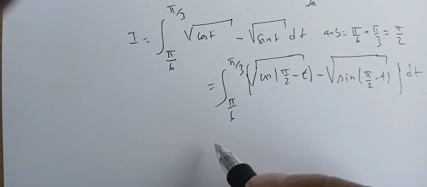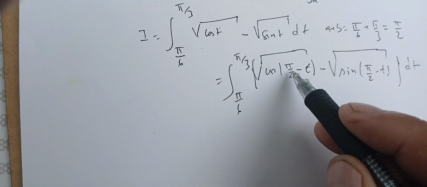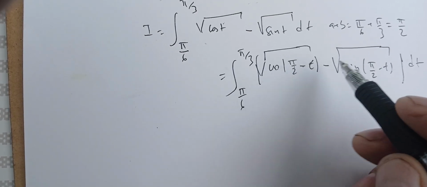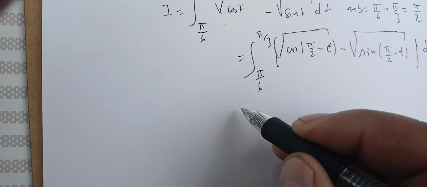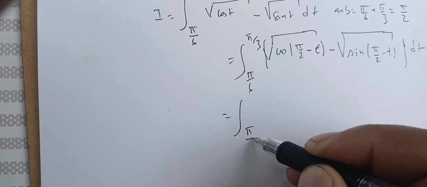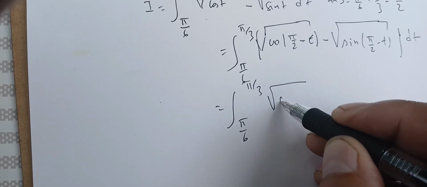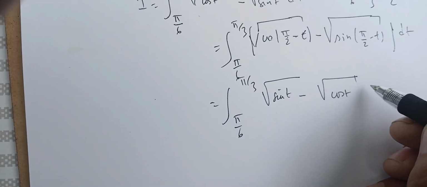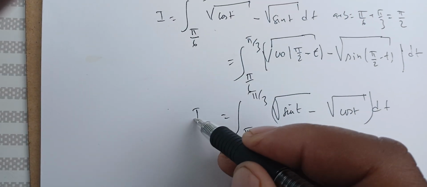But we know that the cosine of pi over 2 minus t is just a sine, and sine of pi over 2 minus t is just a cosine. Therefore, we have the integral between pi over 6 and pi over 3 of the square root of sine of t minus the square root of cosine of t dt. And what do we notice here?